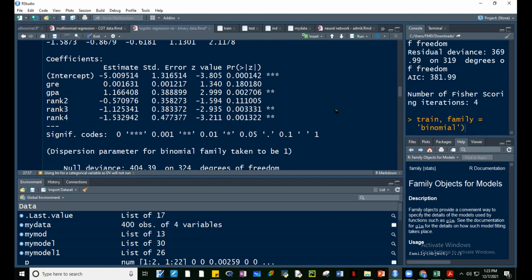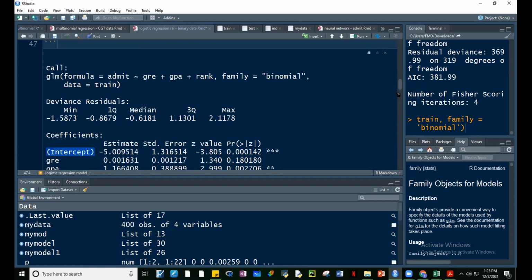No? Magkakaroon tayo ng errors pag sinama natin si rank 1 also as a dummy variable. It can be done, guys, by the way. Pwede natin isama si rank 1 as a dummy variable. Kaso, dapat tatanggalin yung intercept.